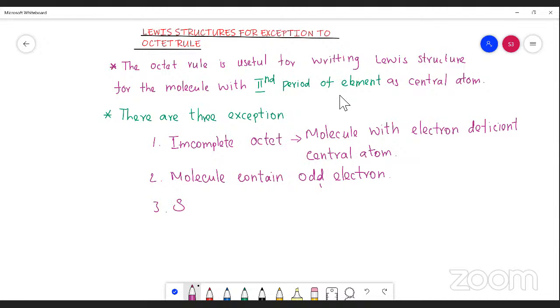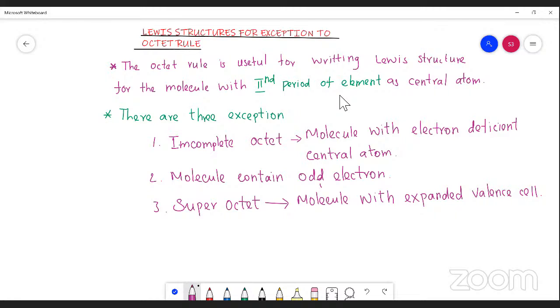What is a superoctet? That means a molecule with an expanded valence shell.